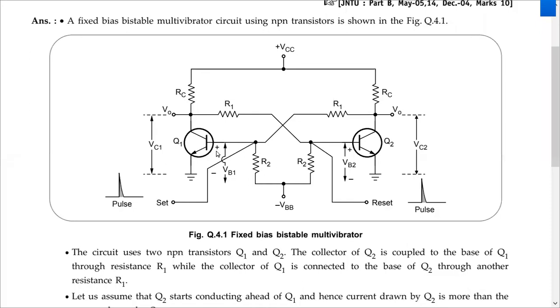Now, depending on the load, suppose we connect a load across Q1. What happens?